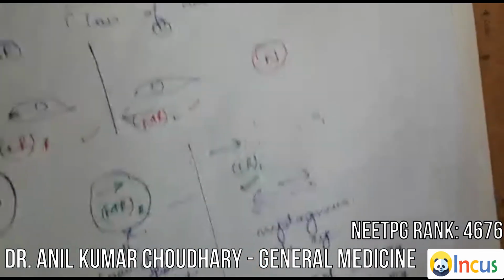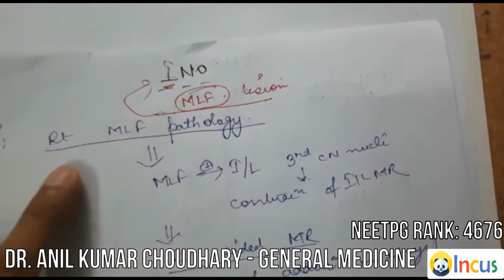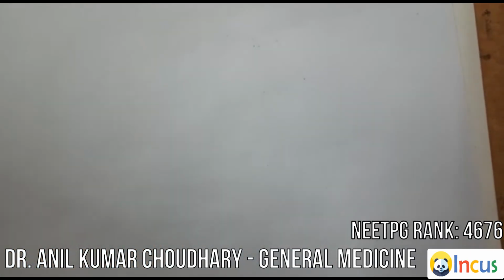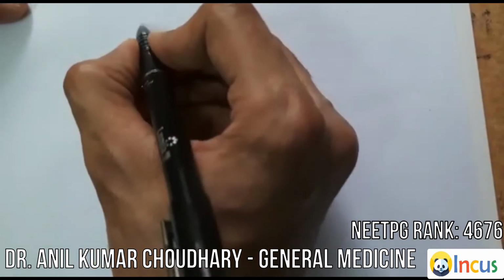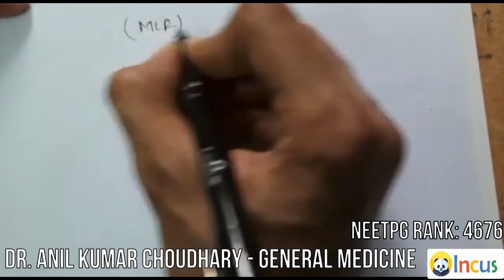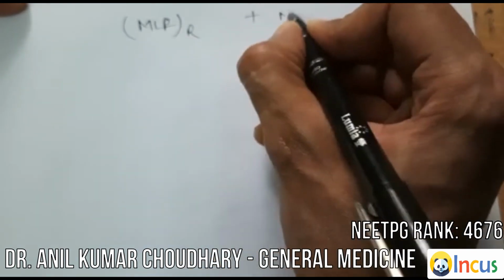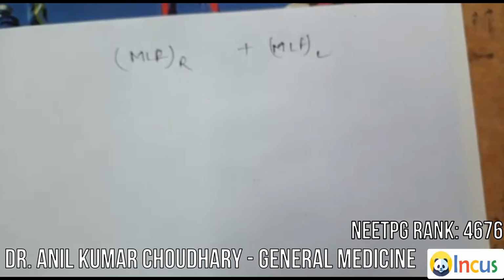One more thing I want to ask you is, we have done this for internuclear ophthalmoplegia of only the right side or only the left side. Now what happens if there is a pathology in the medial longitudinal fasciculus, MLF, of both the eyes, of the right side plus the MLF of the left side?